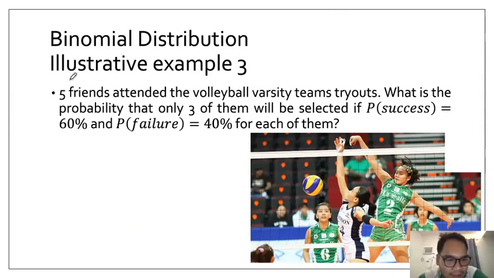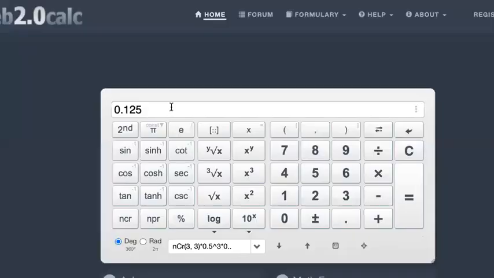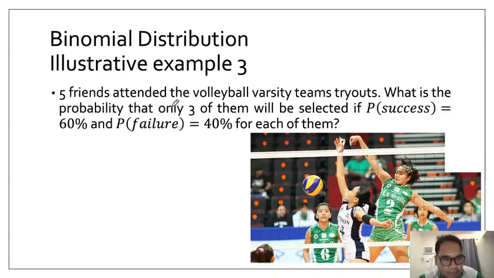So we have our n here is 5, our x is 3, our success is 0.6 or 60%, our failure is 40%. So let's keep that in mind. And we're gonna write that down again. Okay. So we have 5 out of 3.